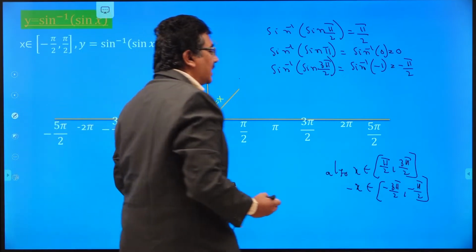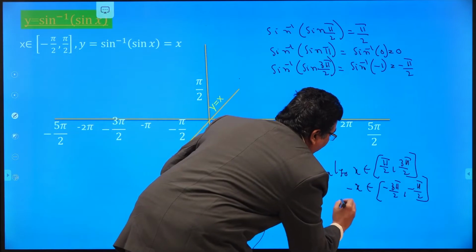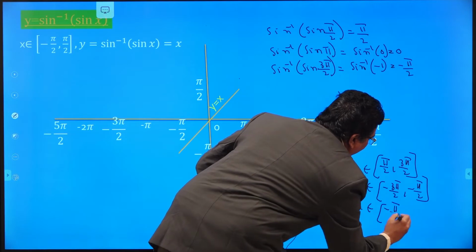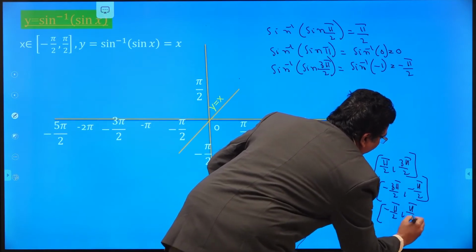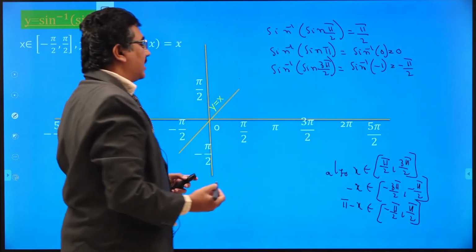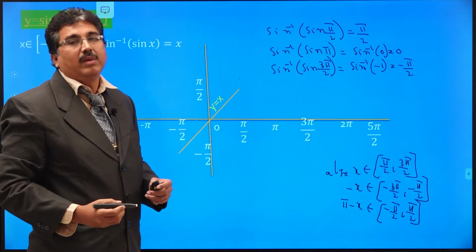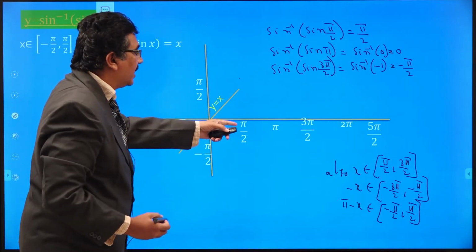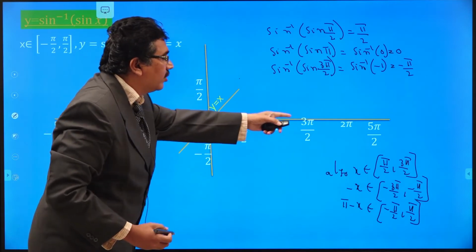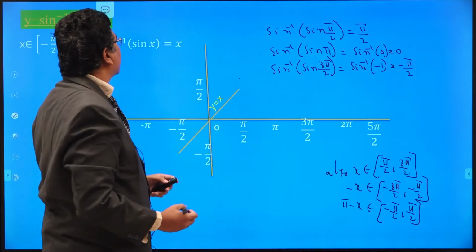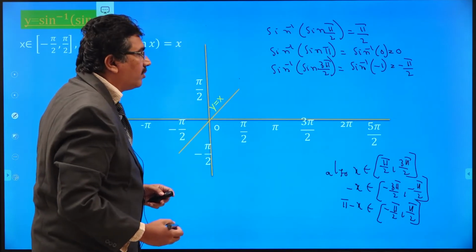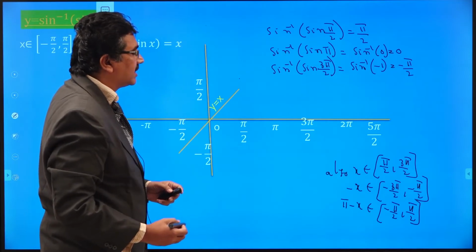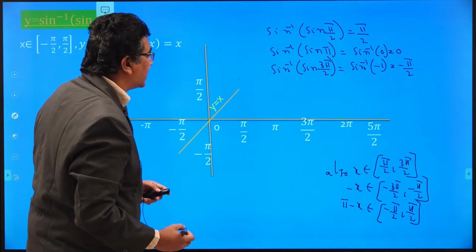Now pi minus x belongs to the closed interval minus pi by 2 comma pi by 2. If x belongs to the closed interval pi by 2 comma 3 pi by 2, sine inverse of sine of pi minus x is equal to pi minus x.